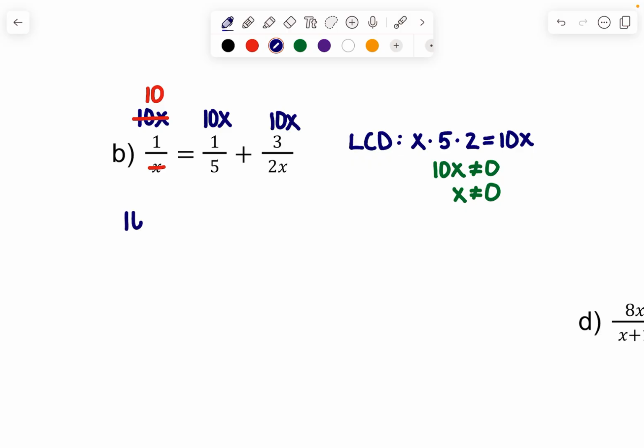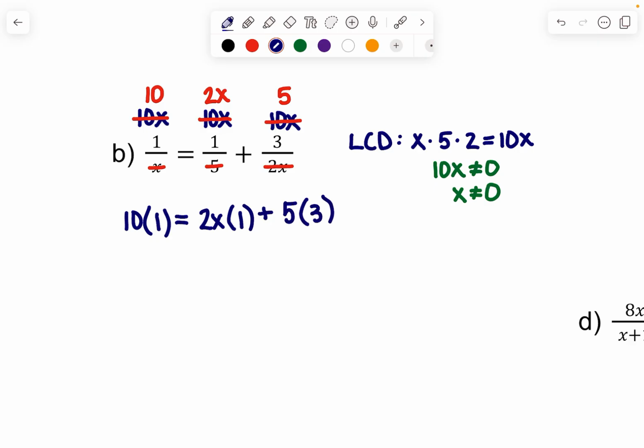So then we have 10 times 1 equals 10x divided by 5 is 2x. So we have 2x times 1 plus, then we have 10x divided by 2x, which is 5. And we're taking 5 times the numerator of 3.